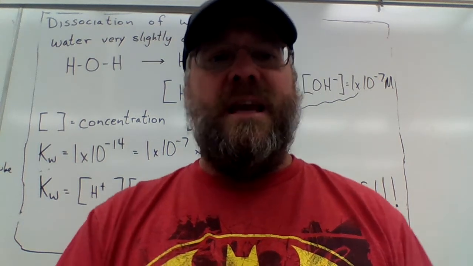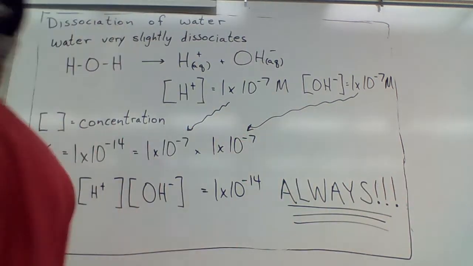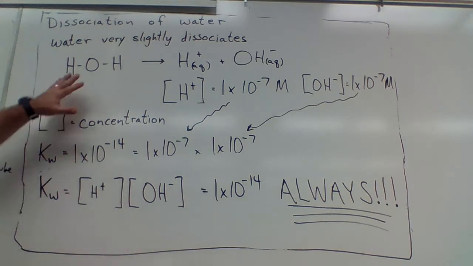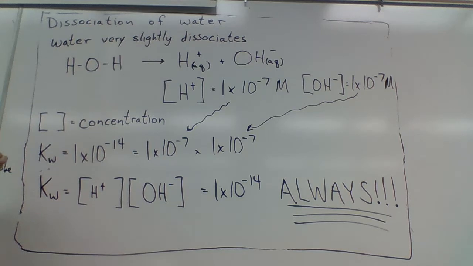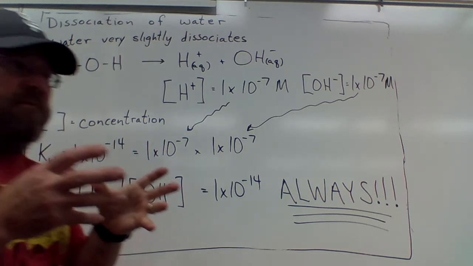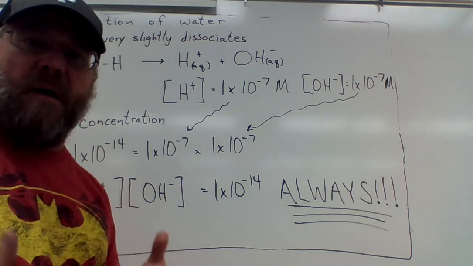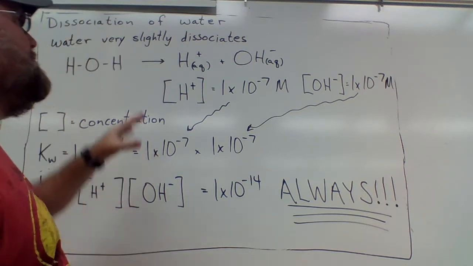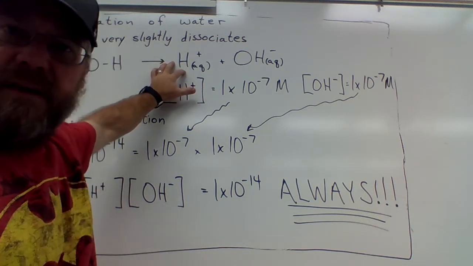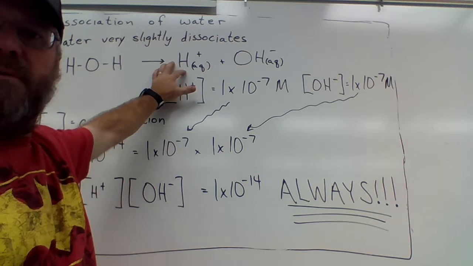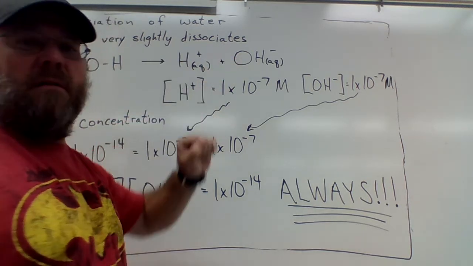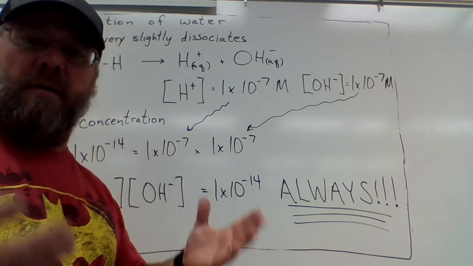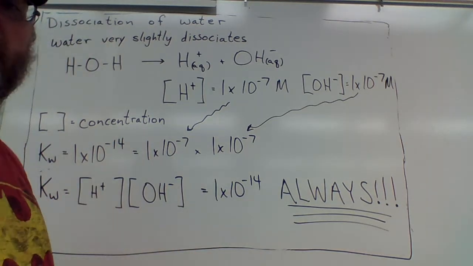So, dissociation of water. Basically, if we look at water, it looks like this, HOH. If we look at water on a very, very microscopic scale, what we would see is that a very small amount would become H plus ion in solution, and a very small amount of that water would fall apart into OH minus ion.